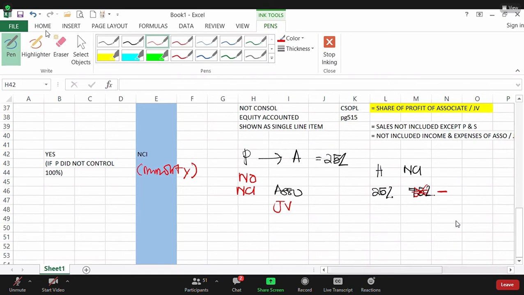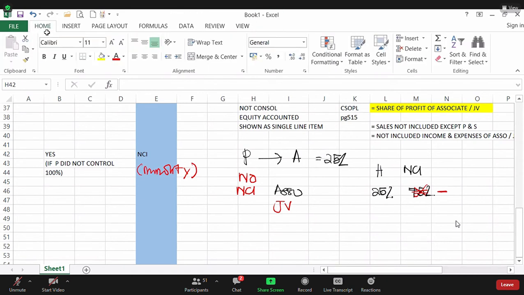Now, if you have NCI for a subsidiary, do we have options? We have option 1 and 2, right? This is the option for NCI. What about an associate? Do we have an option?